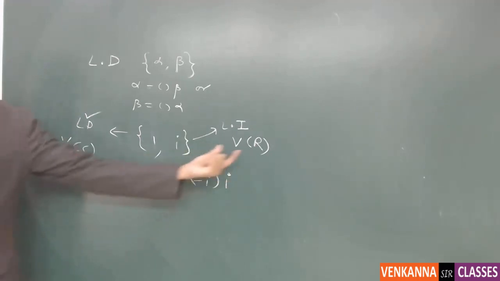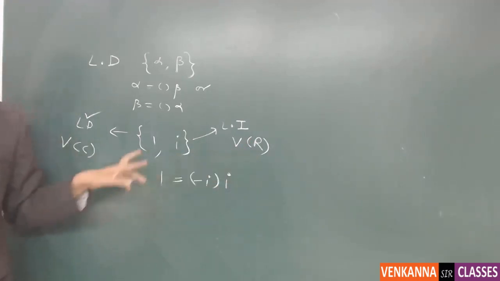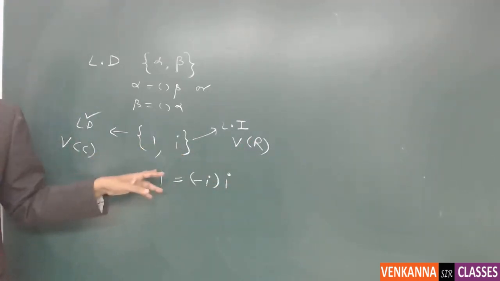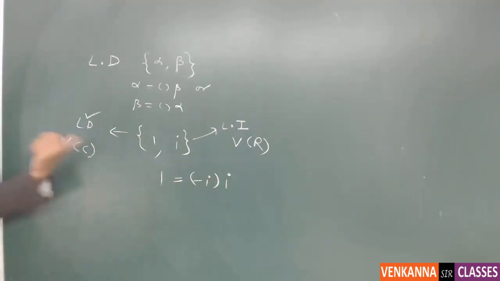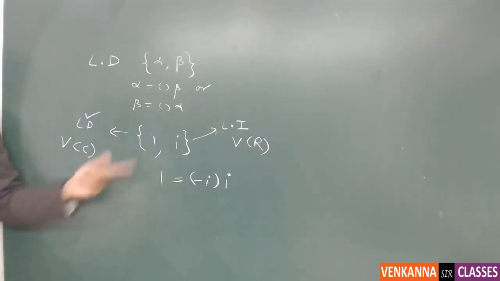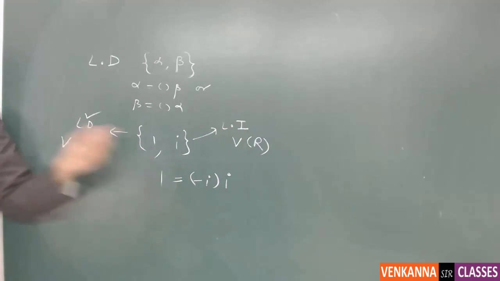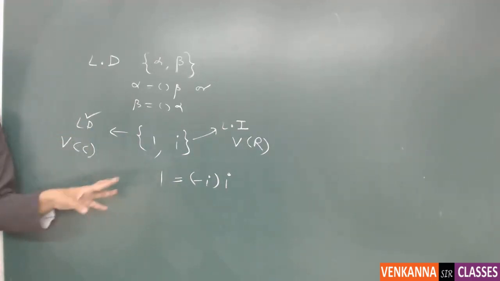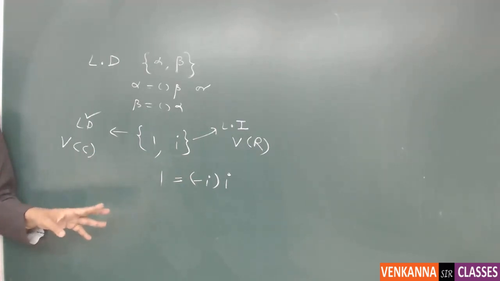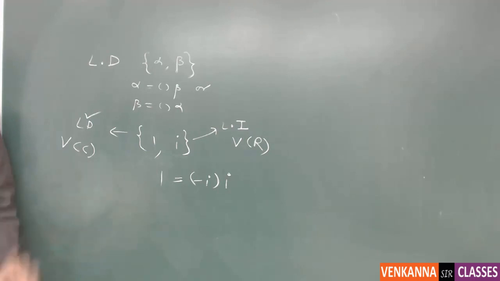So if you take the real number system, these two are independent. You cannot write one value as a multiple of the other. But if you take the complex number field, it is possible to write one value as a multiple of the other, so it is dependent here. Now, did you get the exact meaning of dependence based on field? Are you clear with this example?